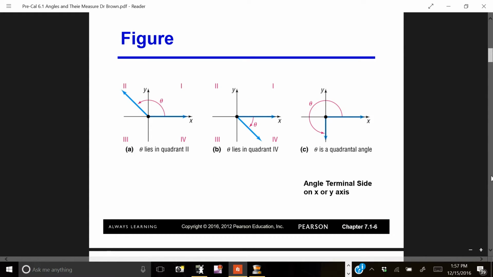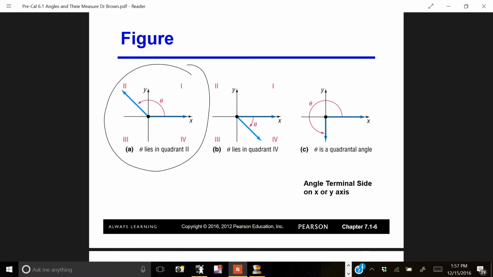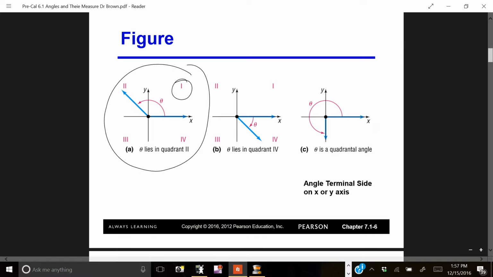More terminology. When we look at the XY plane and the XY axis, we talk about quadrants, and we start off with X and Y both positive, and we call that quadrant one, going around counterclockwise.